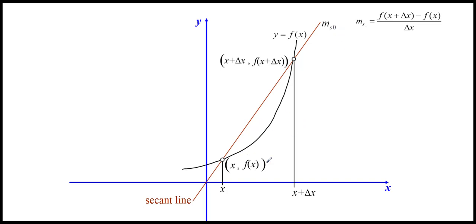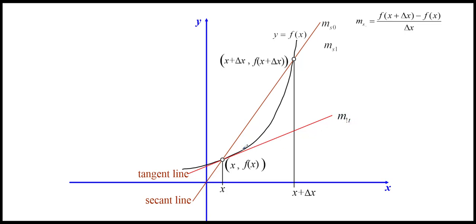Let's say we wanted to approximate or determine the slope of this curve at this point. The slope of the curve at this point will be represented by the slope of the tangent line to this curve. The tangent line is the line which touches this curve at a single, unique point, and its gradient we name m sub t.